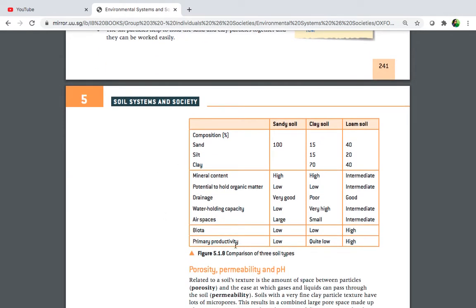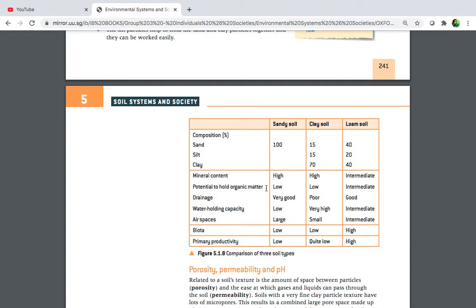This is the composition of three different types of soil and the comparison of these three types of soil. We have sandy soil, clay soil, loam soil. Which are the characteristics that we're going to see? What is the composition of sand, silt, and clay that all those soils contain? Also the mineral content, the potential to hold organic matter.